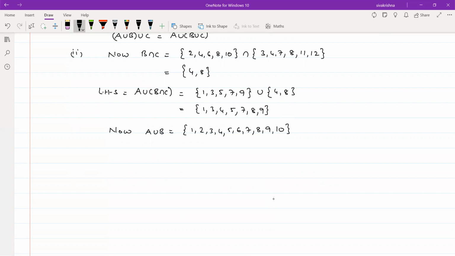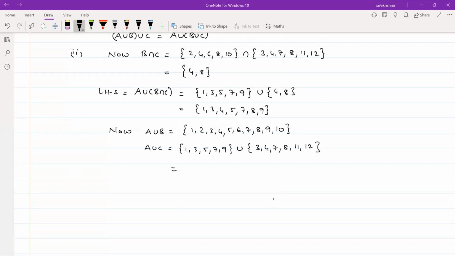Now we have to find A union C. Once again we write A: 1, 3, 5, 7, 9. This is A union, and we write set C, that is 3, 4, 7, 8, 11, 12.